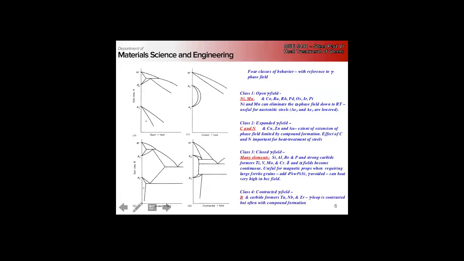And the last case is where we shrink the gamma field, right? Boron is the primary element to do that, and the more carbide formers that we can put in, right? The issue with this is we have a lot of intermetallics and other compounds that can begin to form, right?